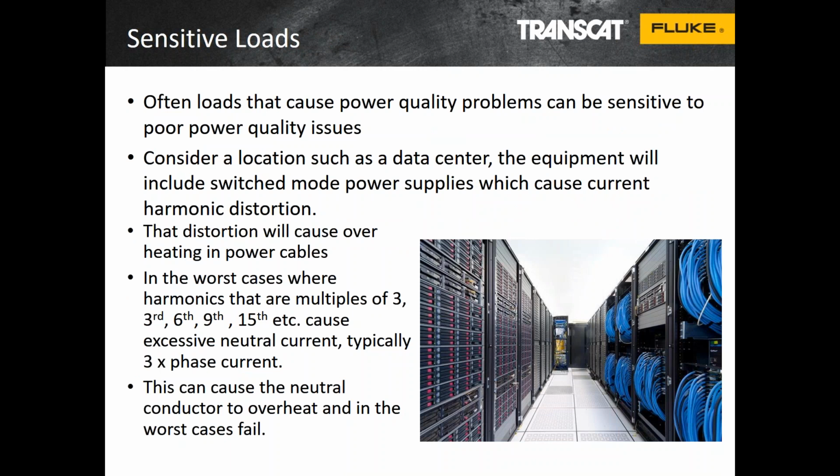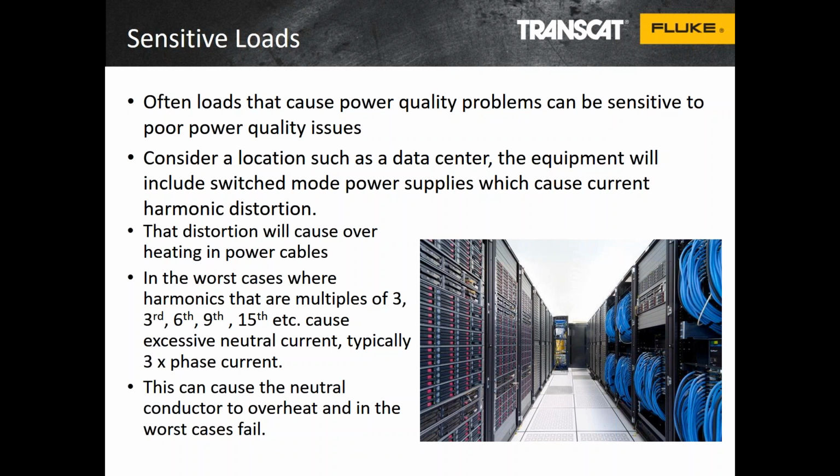So when we come to sensitive loads, if we look at something like a data center, here we have a data center which has probably lots of backup, and it has sensitive equipment in there, but that equipment is the source of a lot of the harmonics.